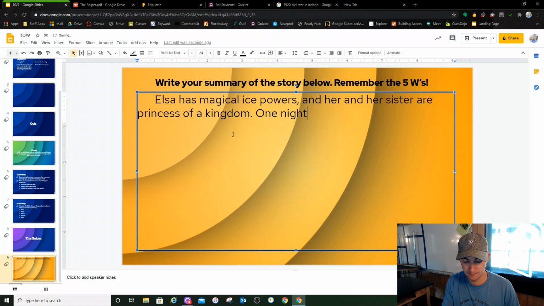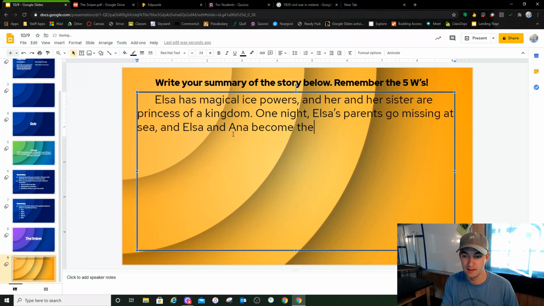One night, Elsa's parents go missing at sea. And Elsa and Anna become the heirs to the kingdom.